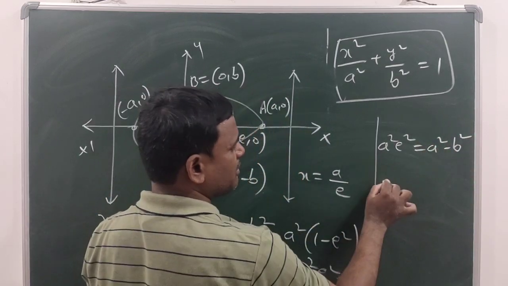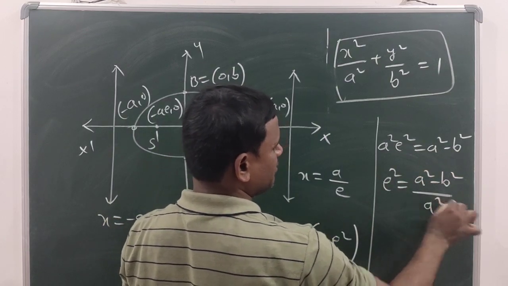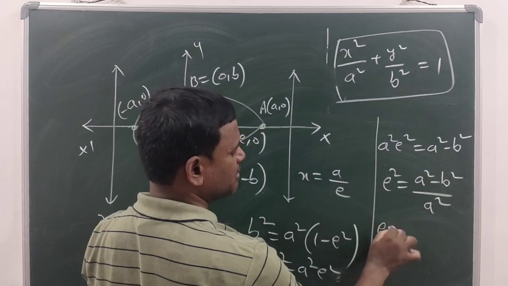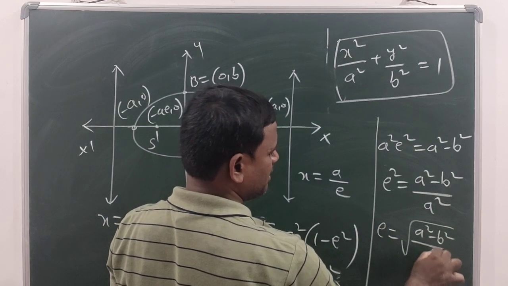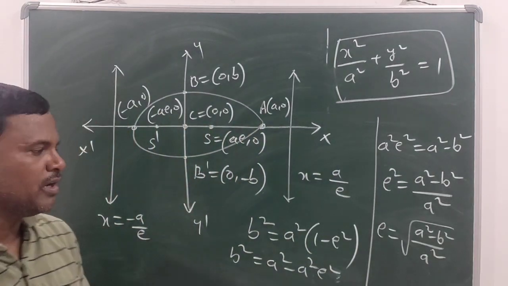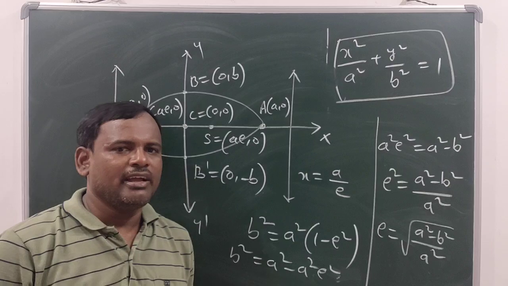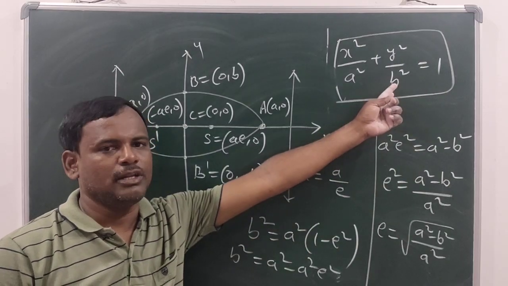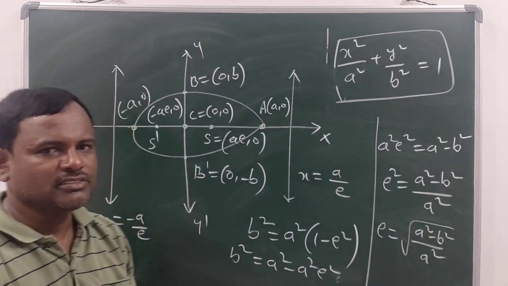Now transfer a square to the right side: e square is equal to a square minus b square by a square. Taking the square root, you can use this relation to find the eccentricity of this ellipse: e is equal to root of a square minus b square by a square.